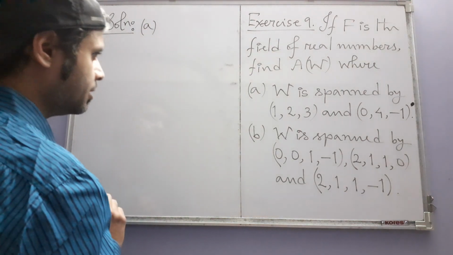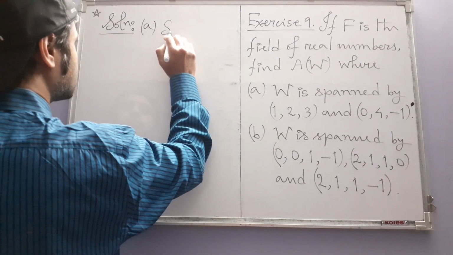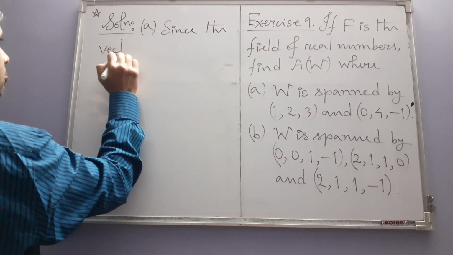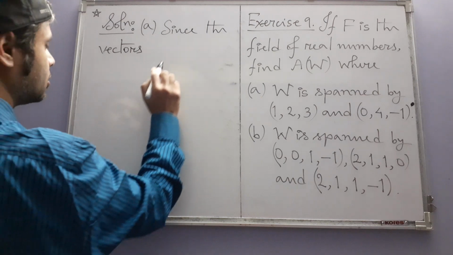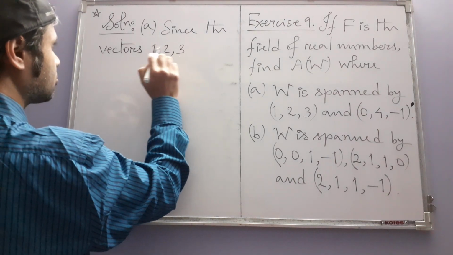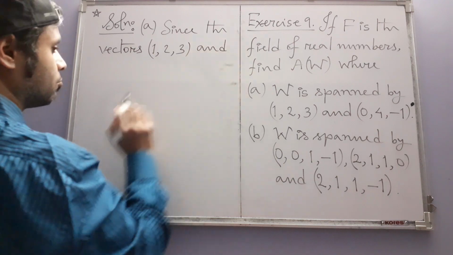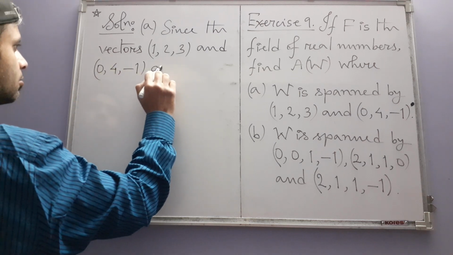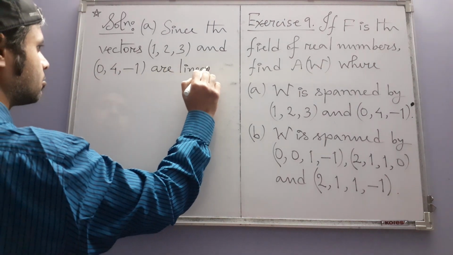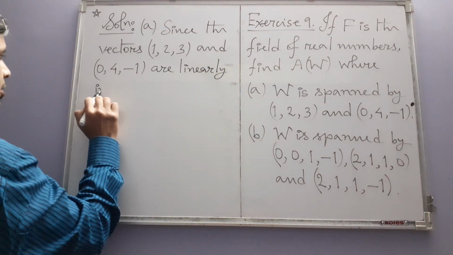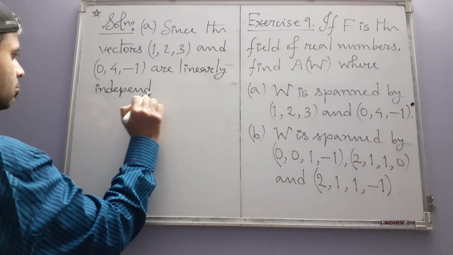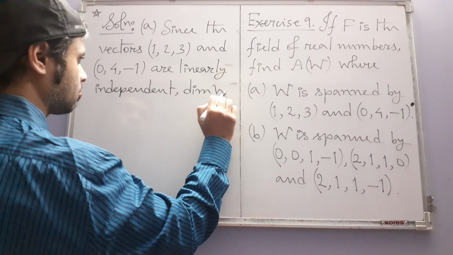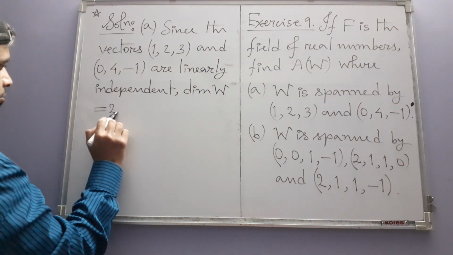So we start off like this. Since the vectors 1, 2, 3 and 0, 4, minus 1 are linearly independent, dimension of W is equal to 2.